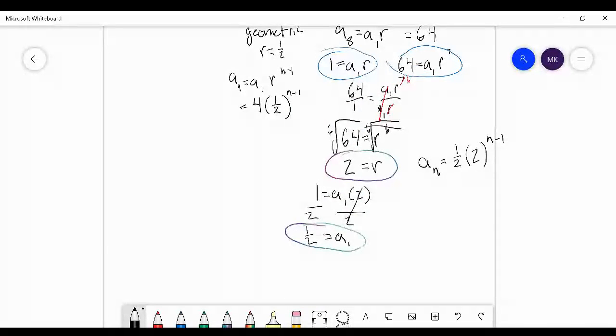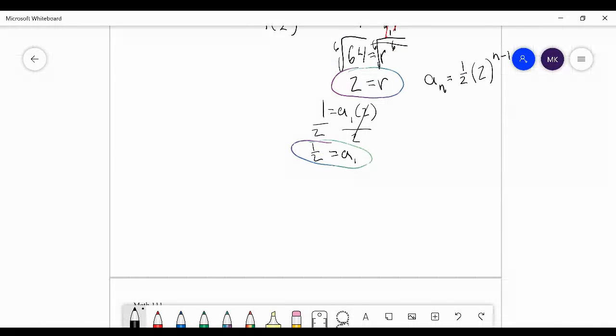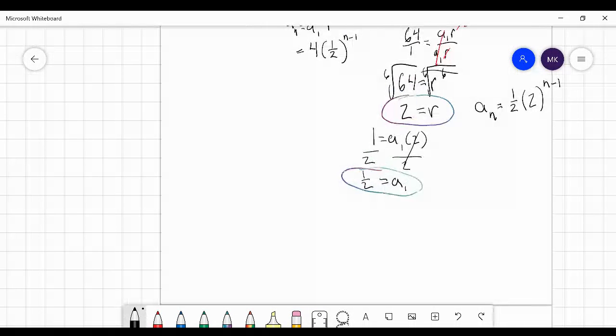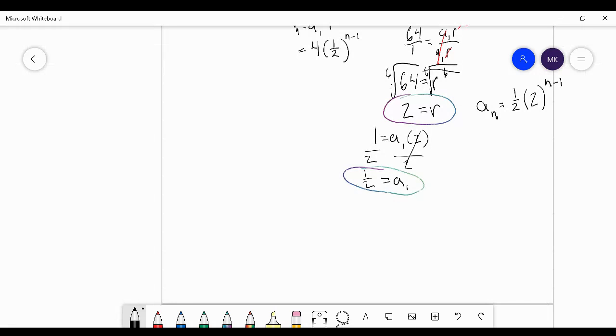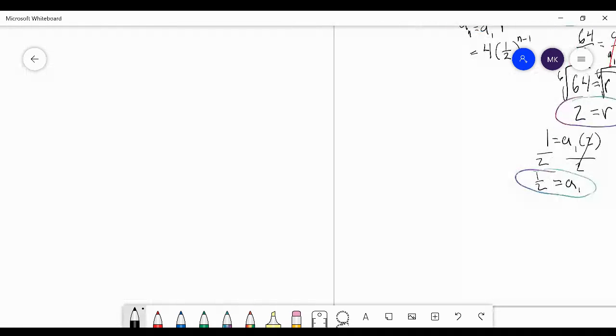And that's it, guys. This is how easy it is. Now, I want to do one more example. I want to imagine we have an arithmetic sequence. I know this one isn't written on here, so make some room. I'm going to make this up on the spot.